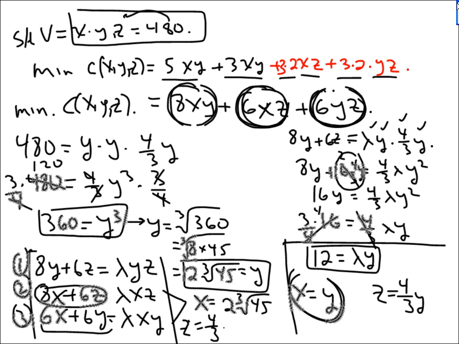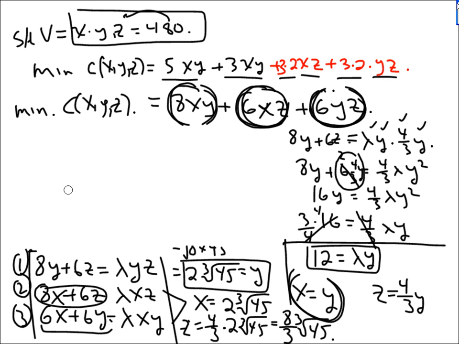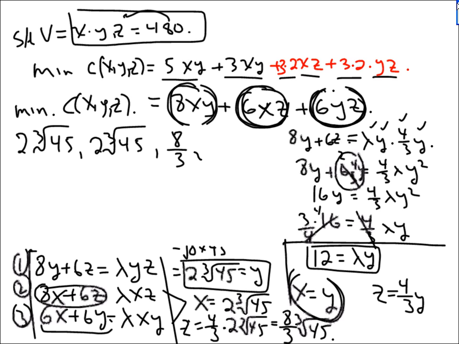It wasn't easy, but I found the point. Let's write it down. That point is, x is 2 times the cube root of 45, y is exactly the same, and z is 8/3 times the cube root of 45.